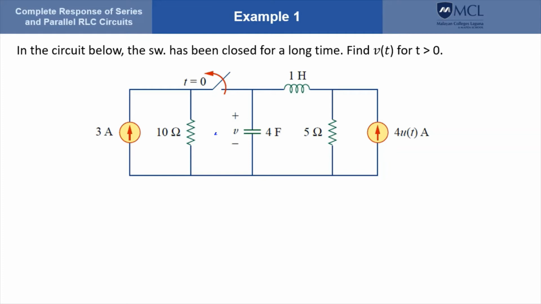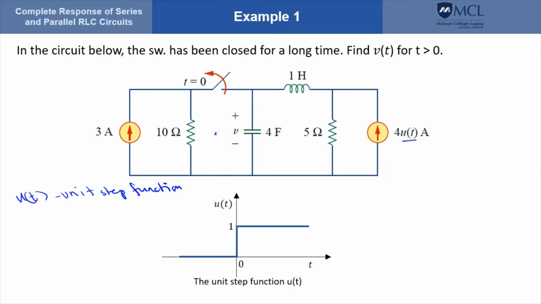Now, before we proceed with the solution, let me first explain what we mean by u of t. This is called a unit step function. If we plot this function, it will look like this.